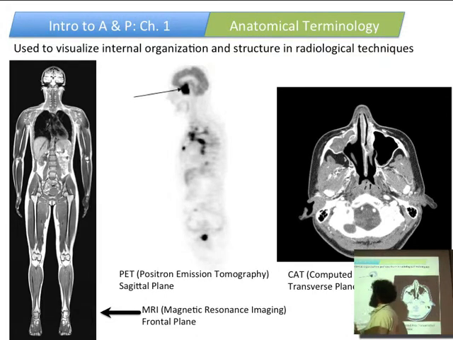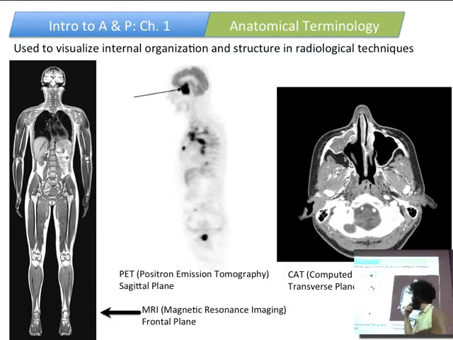So for example, here is this MRI. What plane was that in? Would you guess? Just looking at that. Frontal. Just shout it out. Okay. We'll do this one here. So that's a nose. These are some ears, sort of like this.